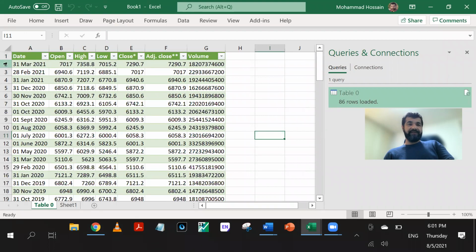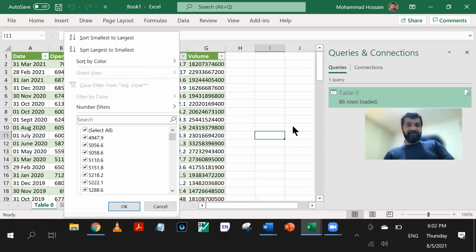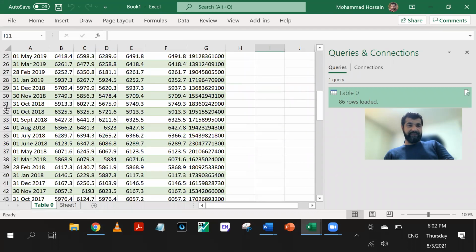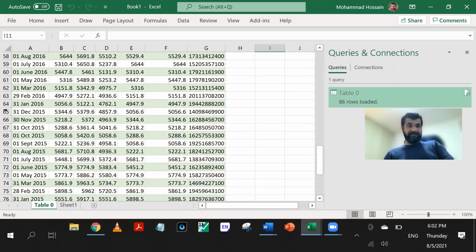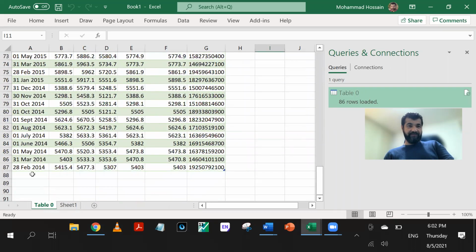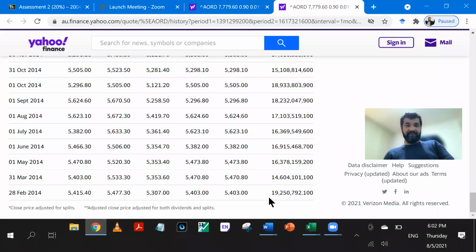So I don't need this data here. I will just close. All right, let's see if the data is correctly loaded or not. You can see it from here. Okay, 28th of February, it is there. We have the data actually here, 5402, 5470. Let's have a look. Yeah, it's okay. This data has been loaded.